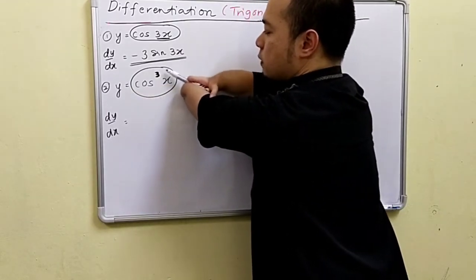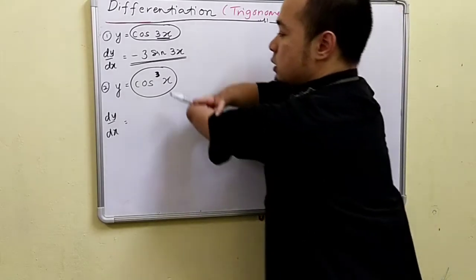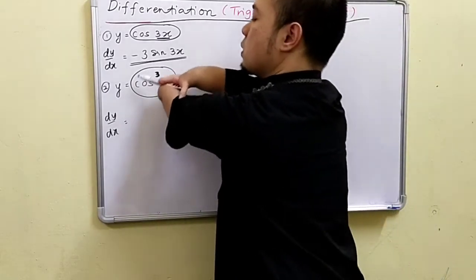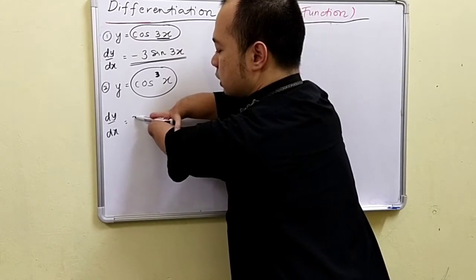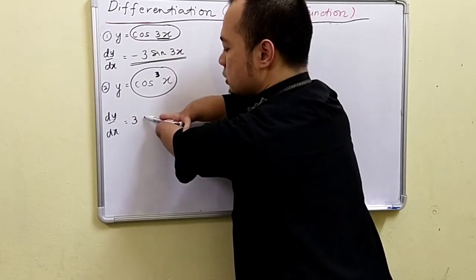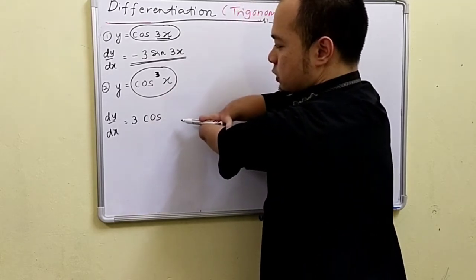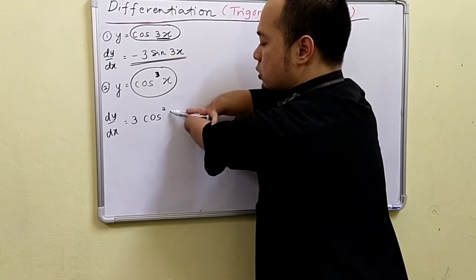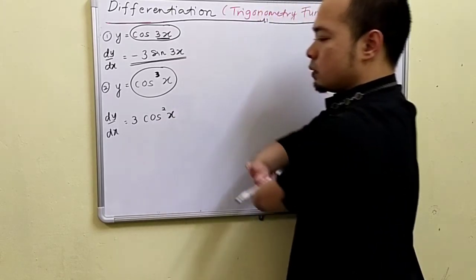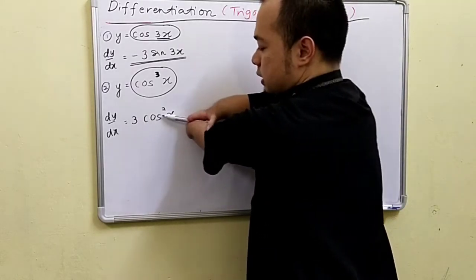Differentiate outside, deal with the power. We know that the rule is power go down, power minus 1. So 3 will go down, the function is still cos x, but power reduced by 1. So cos square x.